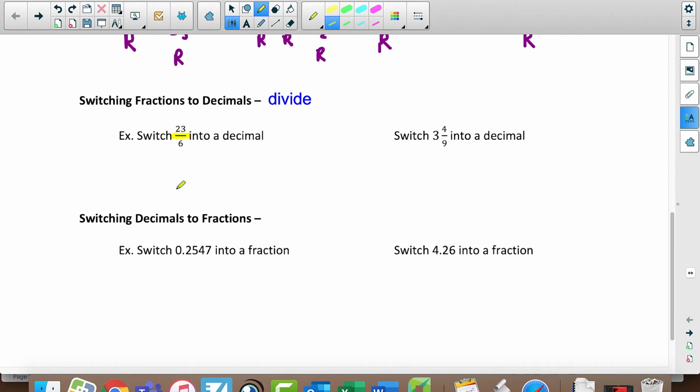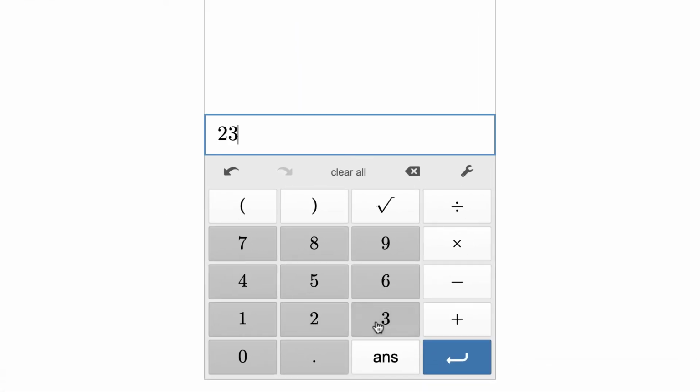It basically means divide, and that's what you're going to do. You're going to go 23 divided by 6. So here we go, 23 divided by 6, and my answer shows up right here, 3.833333, and that actually repeats. Unfortunately, calculators aren't able to show us the repeating sign, but that is a decimal that goes on and on forever. So 3.83, and then that 3 there is repeating.